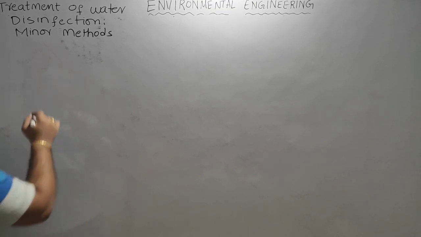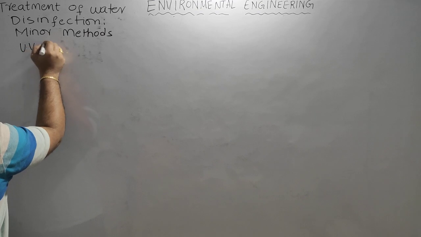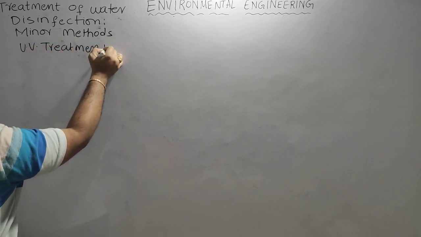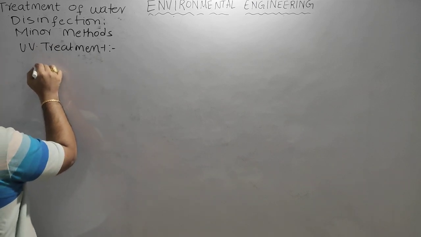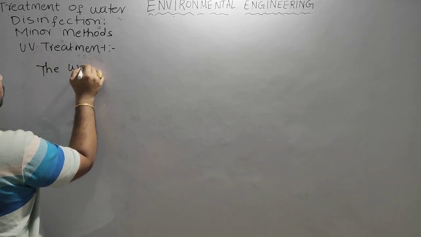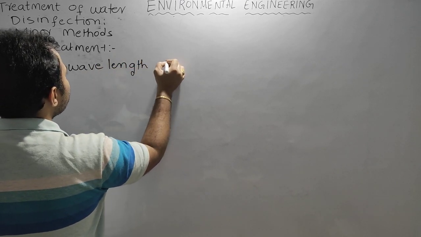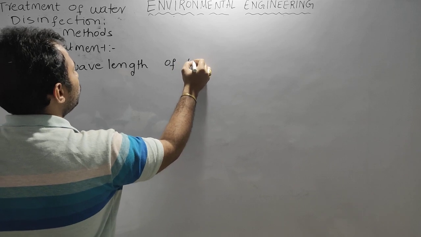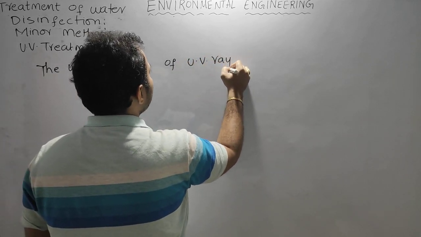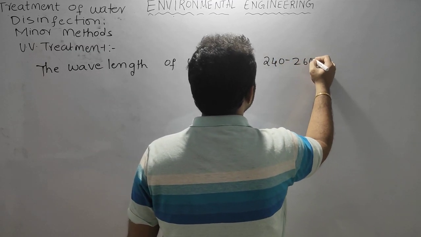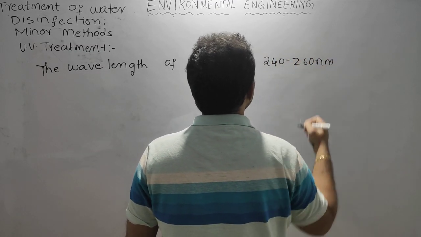So UV treatment. The wavelength of UV ray is 240 to 260 nanometers.